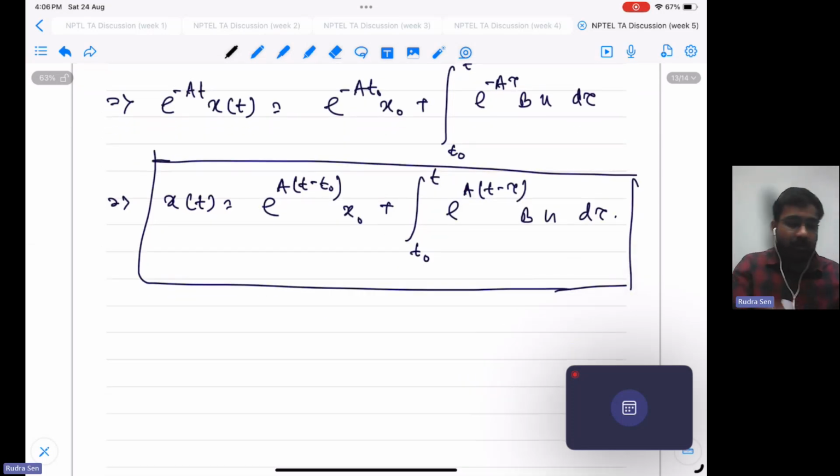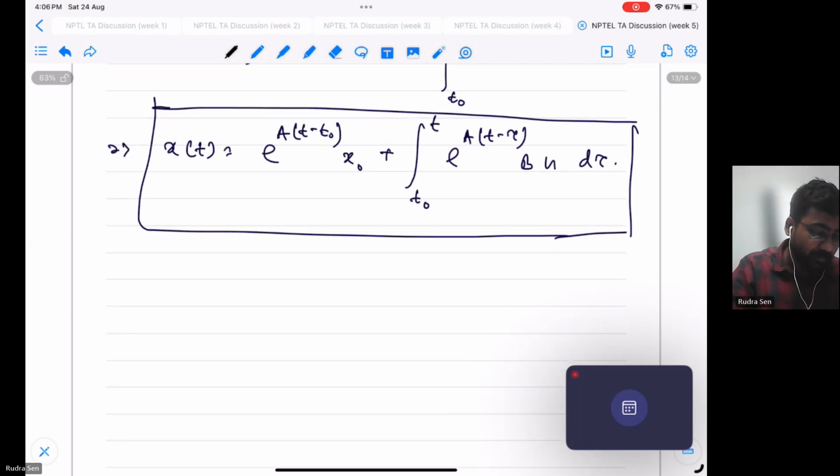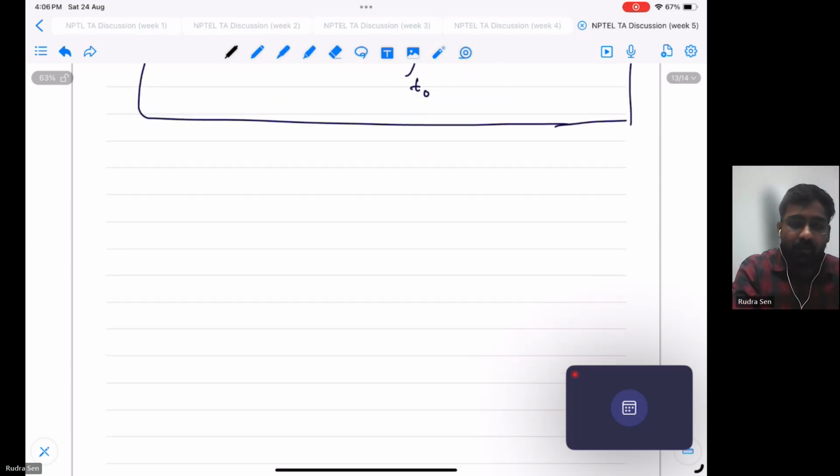Now we will see a few examples, and then we will wrap it up. If t0 is not equal to 0, then it will become simply e to the power At. So the examples. First I'm going to see an unforced system example.